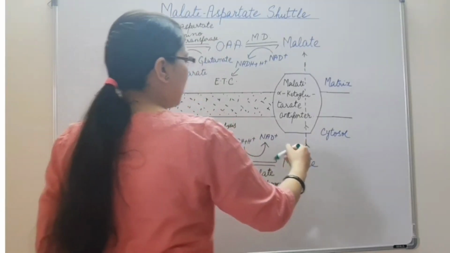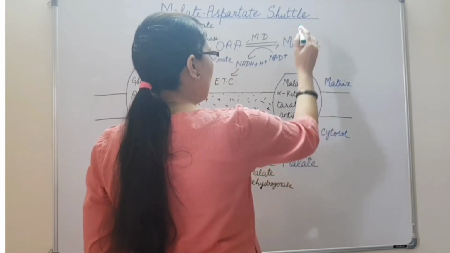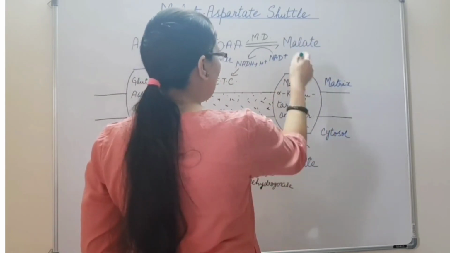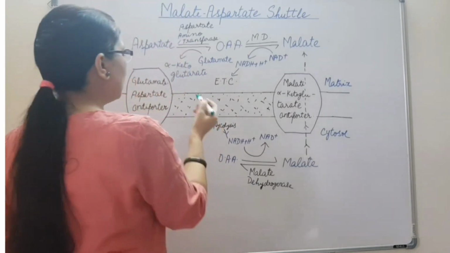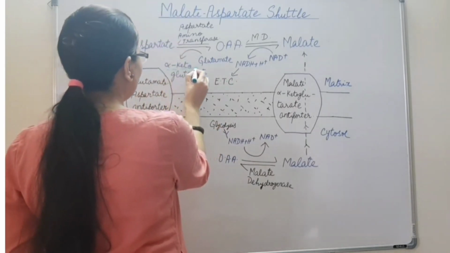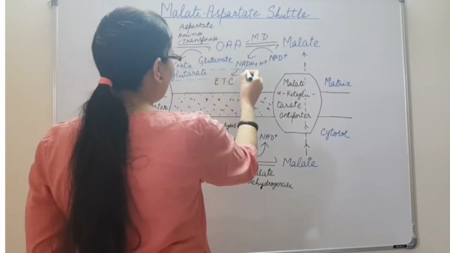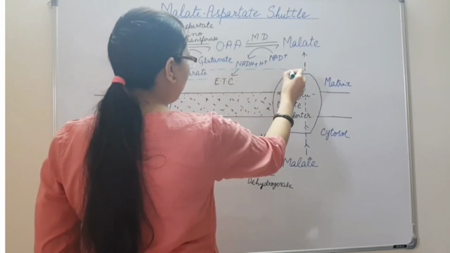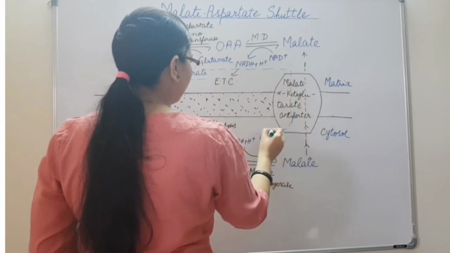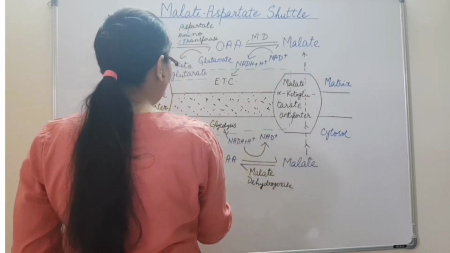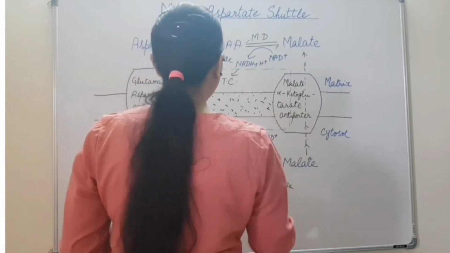We have seen that malate is imported by mitochondrial matrix through the antiporter. So this import is coupled with the export of certain molecule. This molecule is alpha-ketoglutarate. The alpha-ketoglutarate is then exported in the cytosol through the malate alpha-ketoglutarate antiporter.